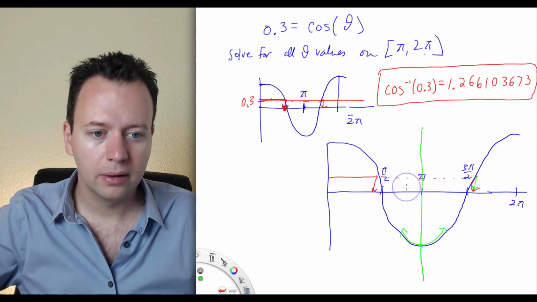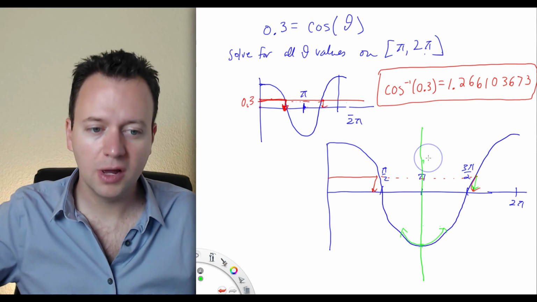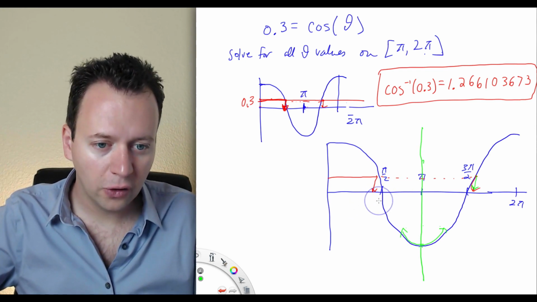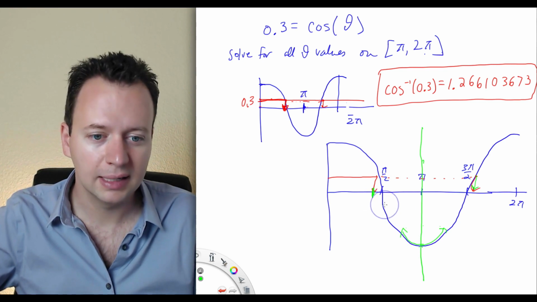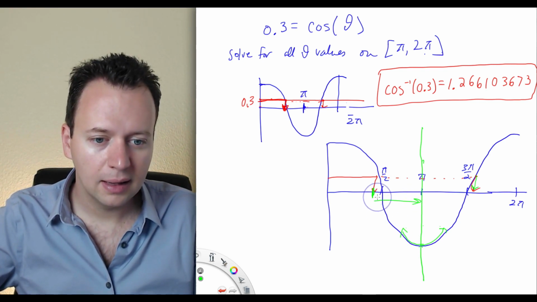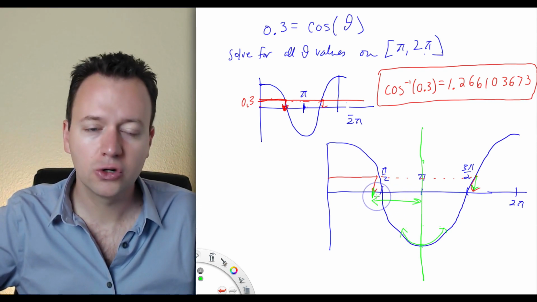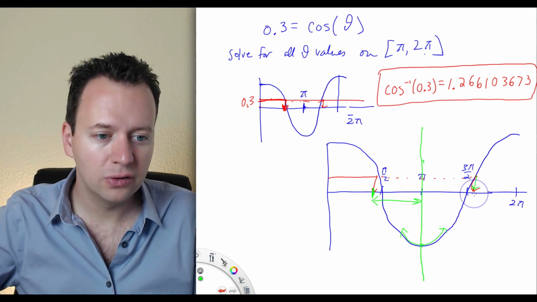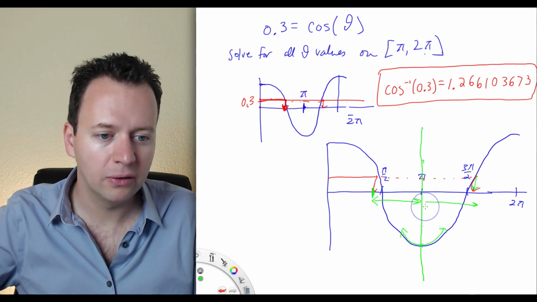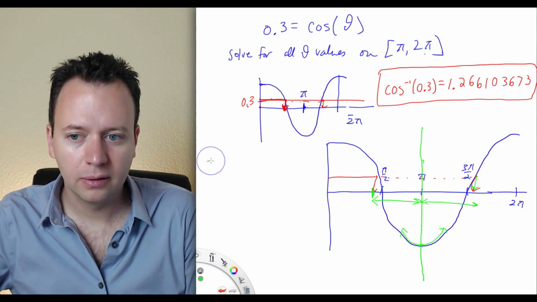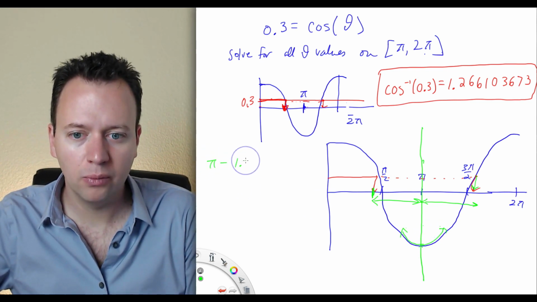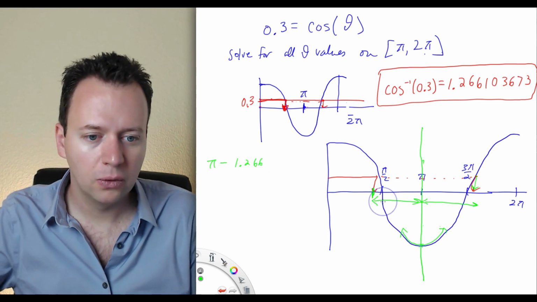So it's symmetric about pi. For the root that we know, at 1.266, it's that much less than pi, so this root must be the same amount greater than pi. In other words, if we do pi minus 1.266, we get this length here.